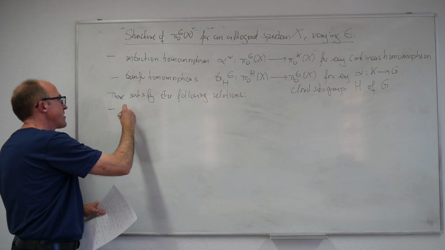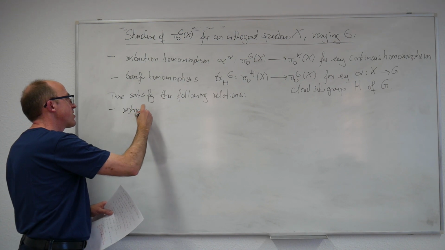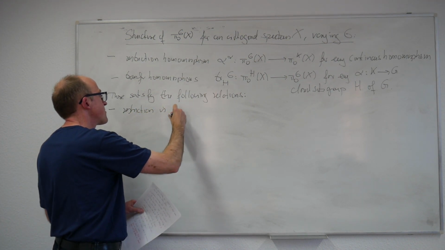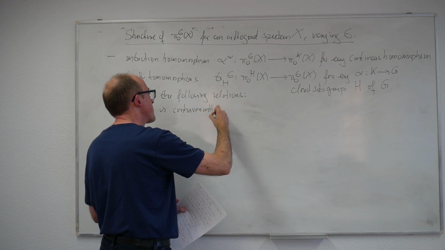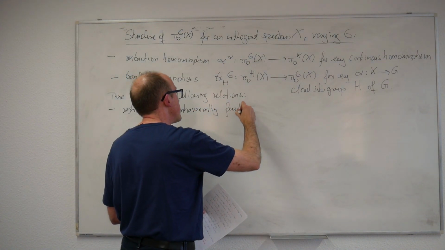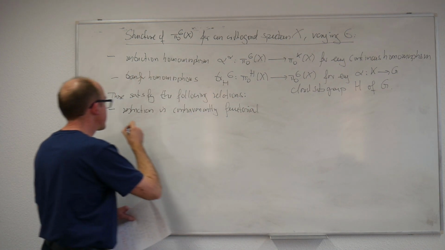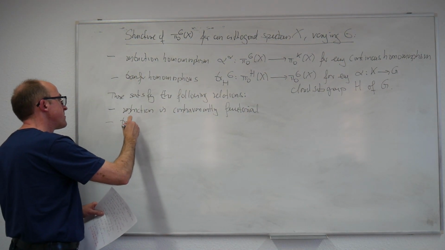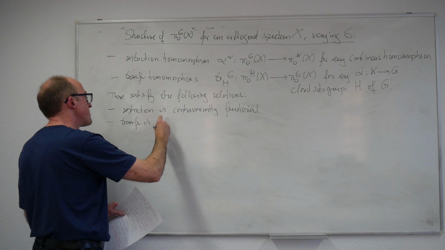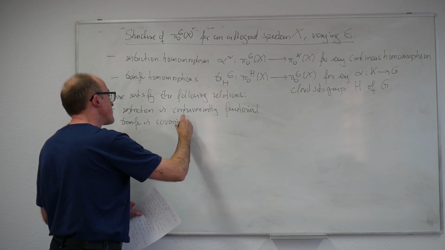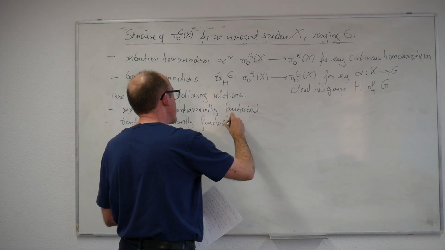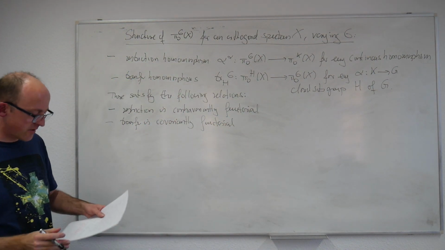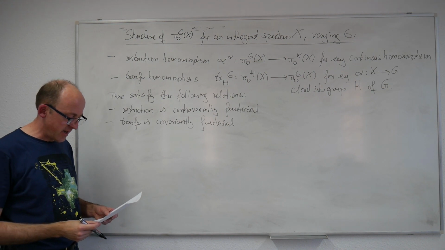First of all, the restriction homomorphisms are contravariantly functorial. Restriction is contravariantly functorial, so transfer is covariantly functorial. Earlier I'd called this transitive, and of course the transfer from H to H is the identity.